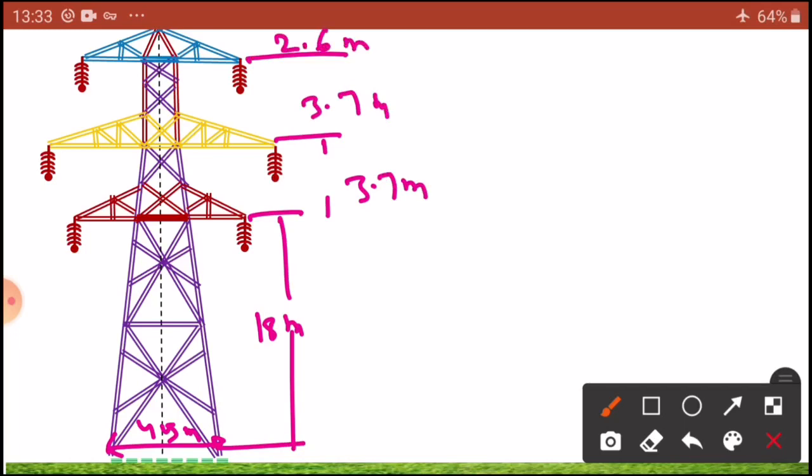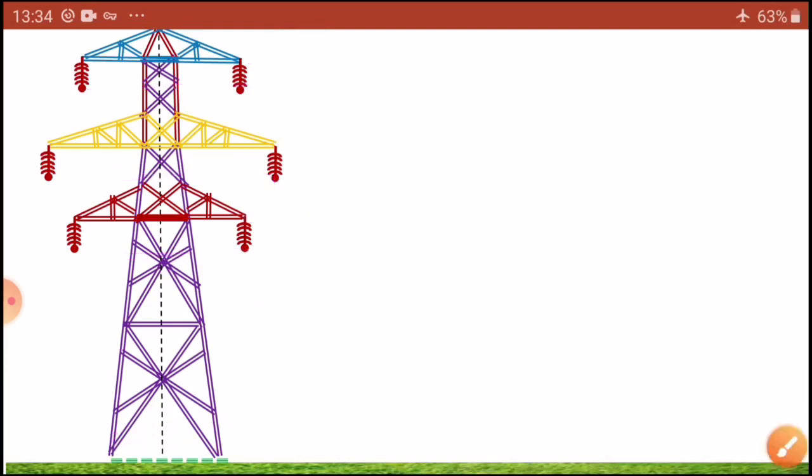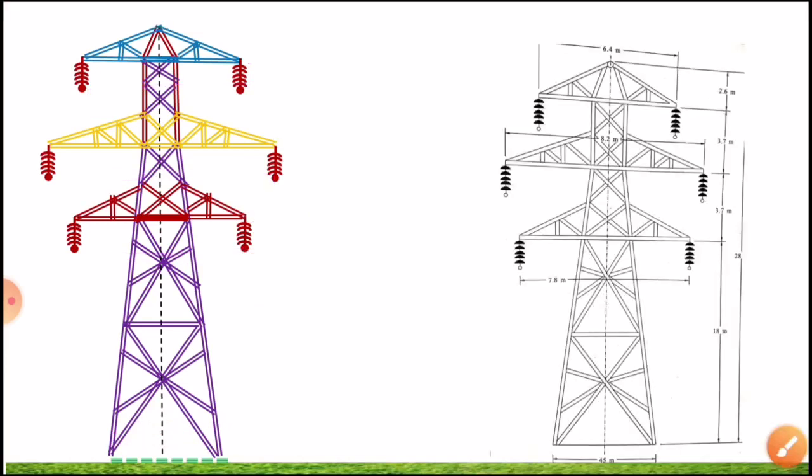Now this length is equal to 7.8 meters, this length is equal to 8.2 meters, this length is equal to 6.4 meters. So these are the dimensions. Simple. Draw it, and indicate these dimensions on it. Okay, is it clear? After drawing this, you are going to present it in the drawing sheet such that this is a 132 kV double circuit.